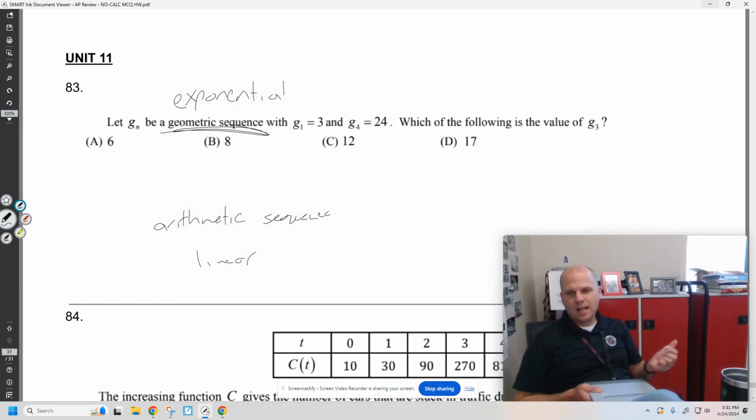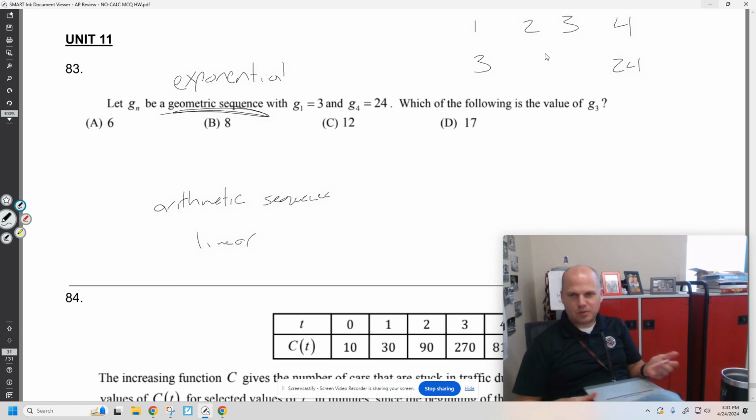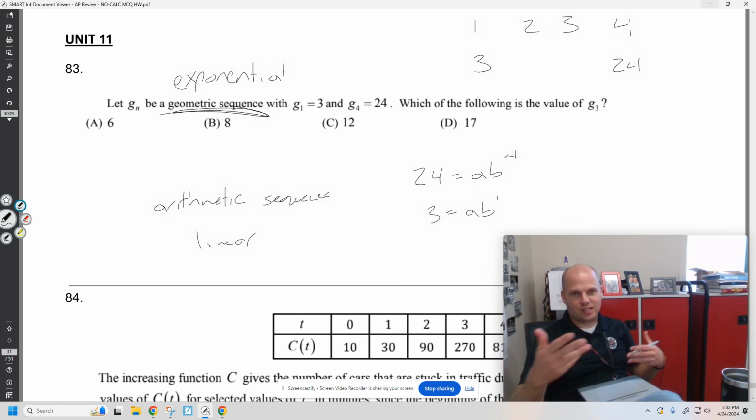So it's like the first term is 3, the fourth term is 24. You have like two equations you could set up. This is very similar to the free response question where it's like 24 equals a b to the fourth, 3 equals a b to the first. And you could honestly plot the data points if you wanted to and find the exponential.